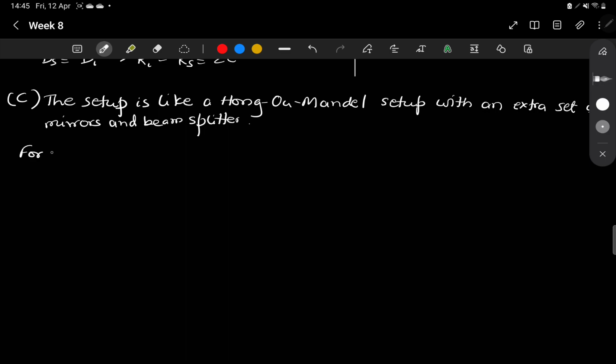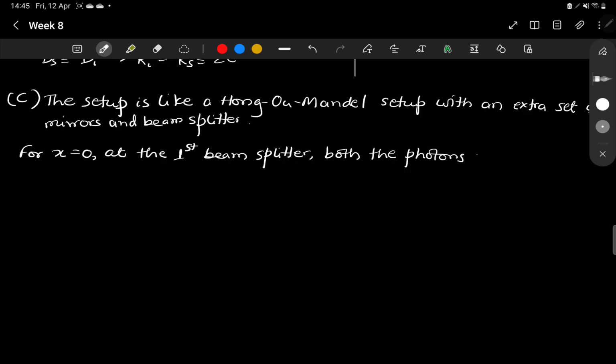So for x equal to 0, which is at the first beam splitter, both the photons go in one direction.